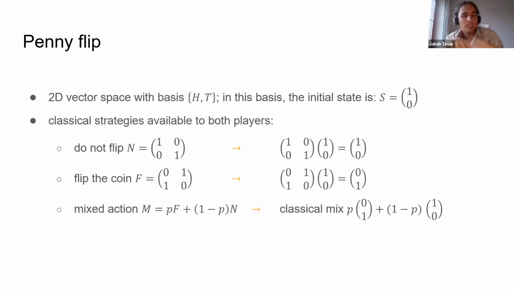Because we are not restraining Captain Picard in any sense in this classical understanding of the game, we allow Picard to play a mixed action, so we can construct another operator, another matrix, which would be a linear combination of flipping or not flipping the coin. The result is a classical mix. So you will have with probability P the coin flipped, and with probability 1 minus P the coin remaining heads up. Yes, Michael?